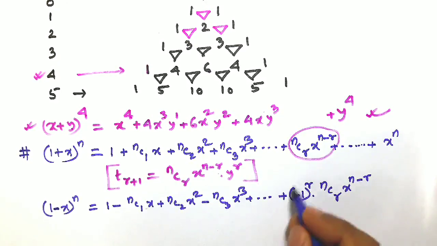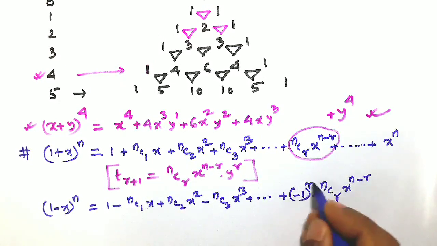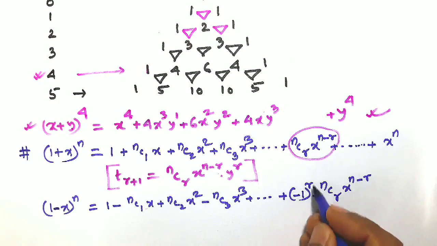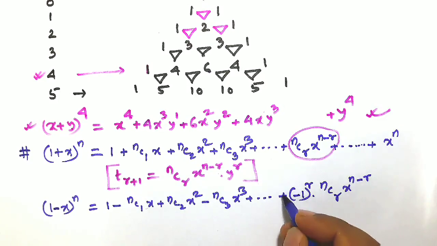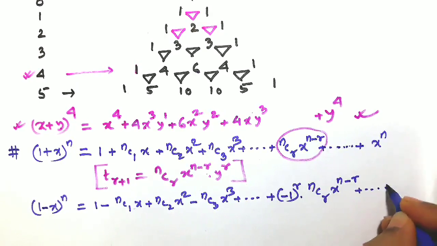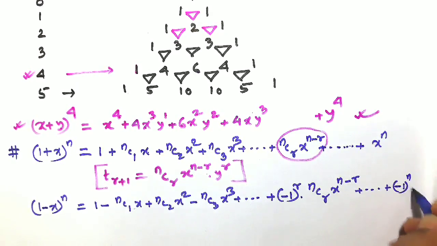What is the function of (-1)^r? When r is even, then (-1) to the power of an even number will be positive, which creates the positive sign, or (-1) to the power of an odd number creates a negative sign. In this way the last term will be (-1)^n into x^n. The concept is the same.